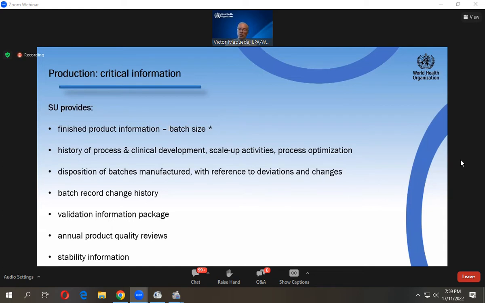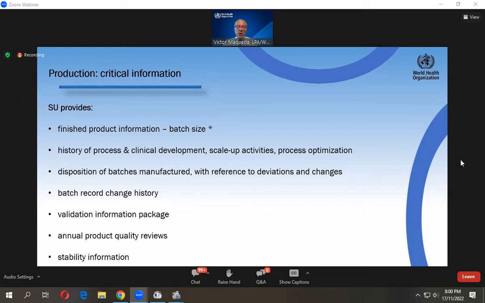Very important, the annual product reviews, as this is a very key document in all GMPs, and it's very useful. Why? Because it summarizes a lot of information in one document. So it's critical to transfer not only the last annual product review, but maybe the last 2 or 3 years, if applicable, in order to understand what went wrong or what could be improved.